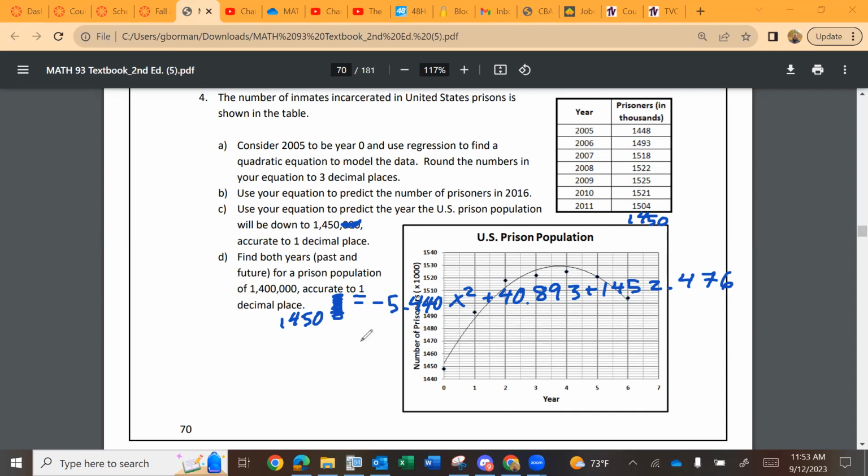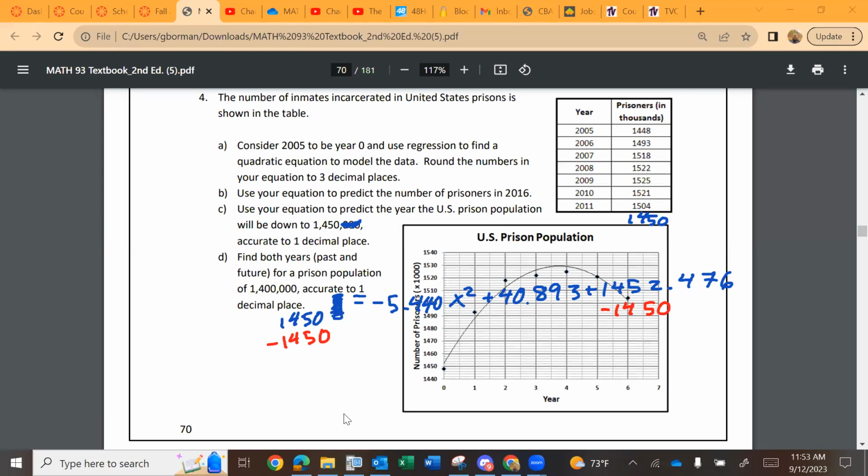Plug it in for y when you're solving for x in a quadratic chapter 2 problem. Step 2, you've got to get everything on one side. You've probably seen that sometime in the past. In this case, that means I'm going to subtract the number I just plugged in from both sides.